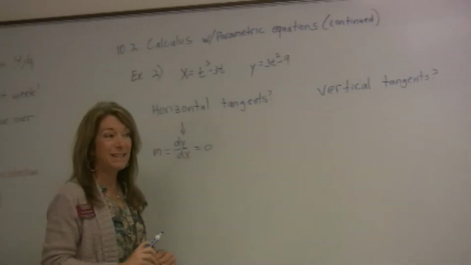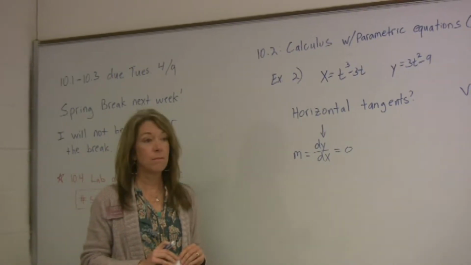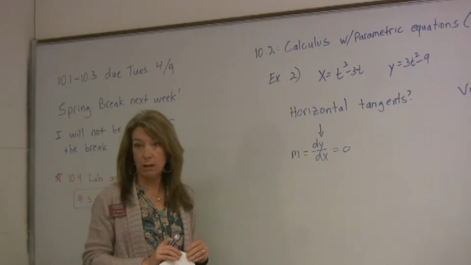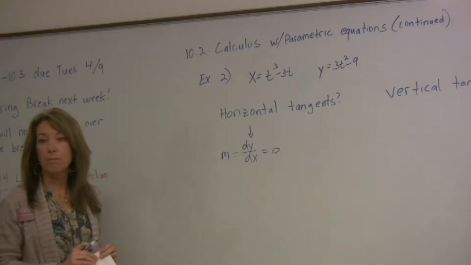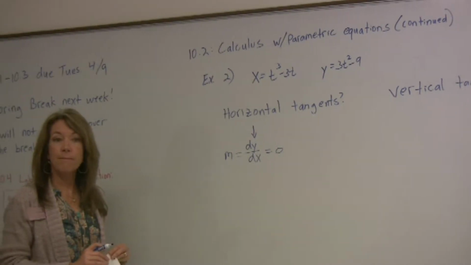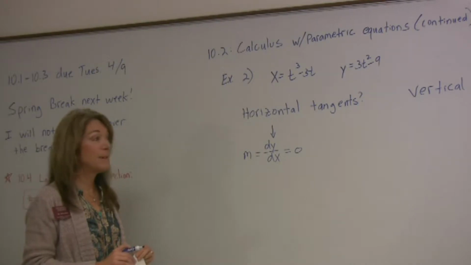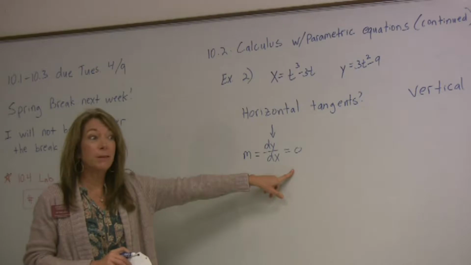That's the slope of my tangent line if I know what t is. All right, so what do I want to do with that? Found the derivative. Set it equal to 0. We want the derivative to equal 0.